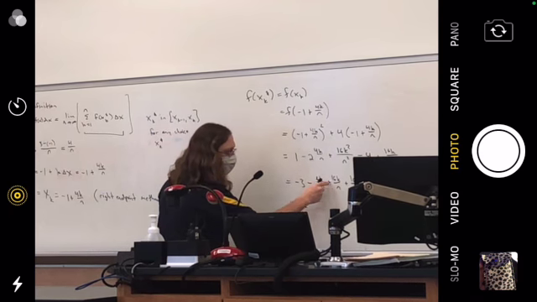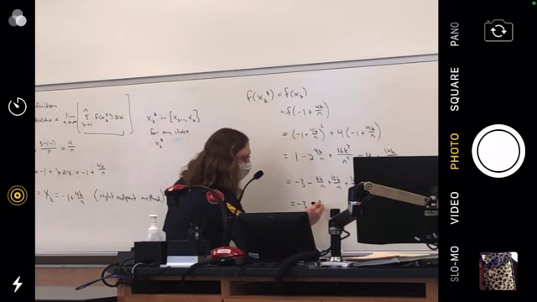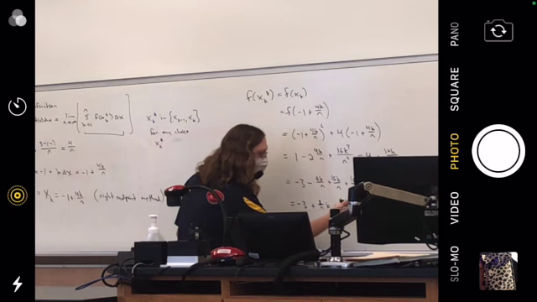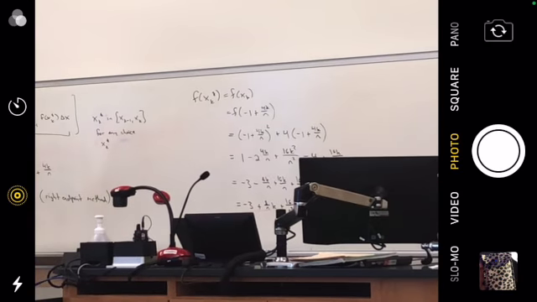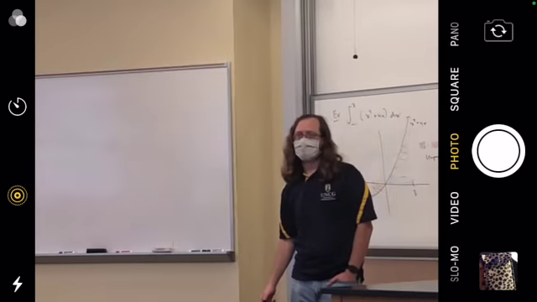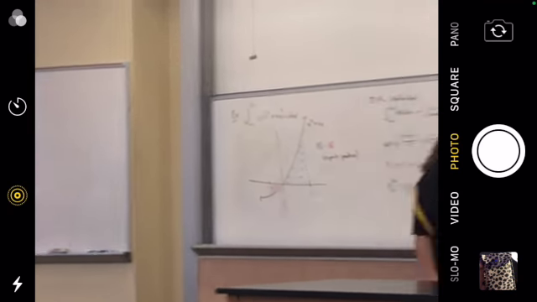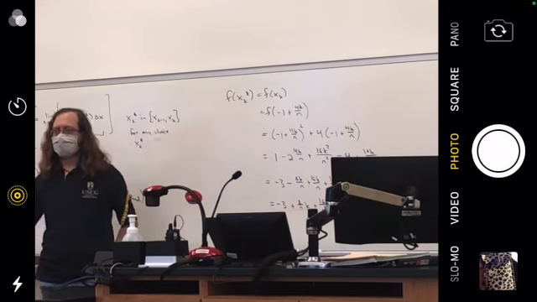So 16 minus 8 is 8. So I get this. And you'll see why we need that in a second. But my goal is to write it as basically 1, k, k squared. I want those to be just k to a power.